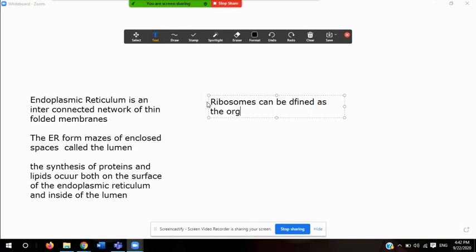Ribosomes can be defined as tiny organelles that link amino acids together to form proteins. So basically, it's in the ribosomes where protein synthesis occurs.